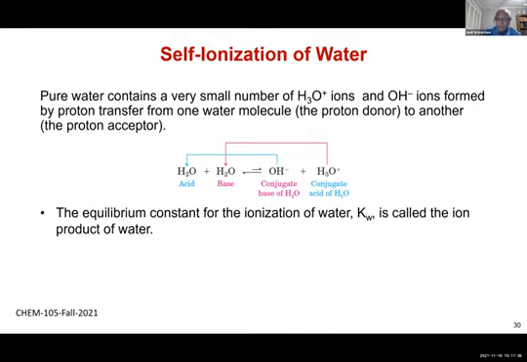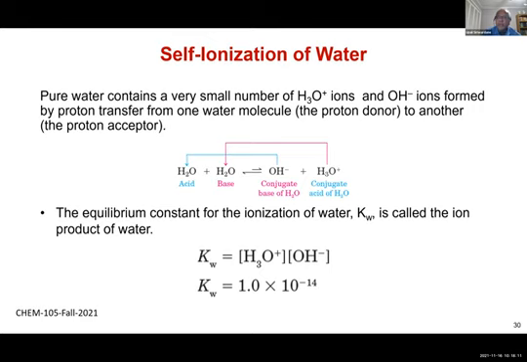Kw is the equilibrium constant for self-ionization of water. When you write down the equilibrium constant, the two waters disappear on the reactant side. Therefore, Kw is the product of the OH concentration times the hydronium ion concentration.